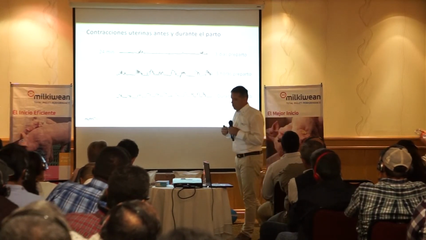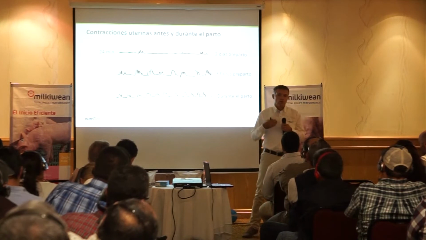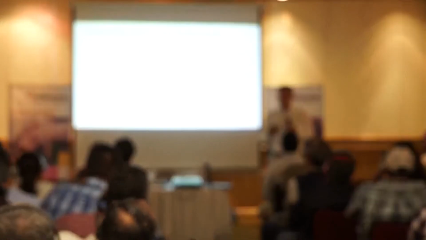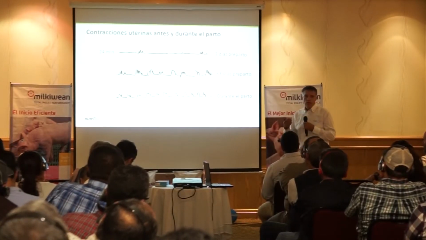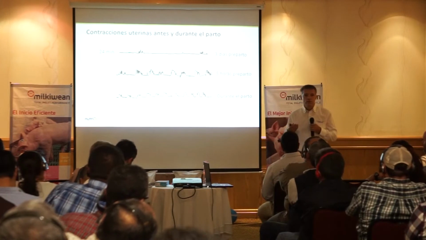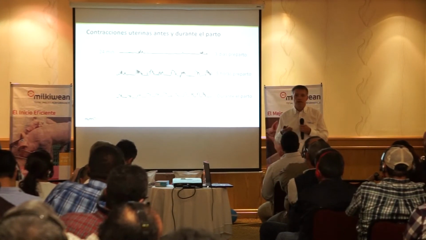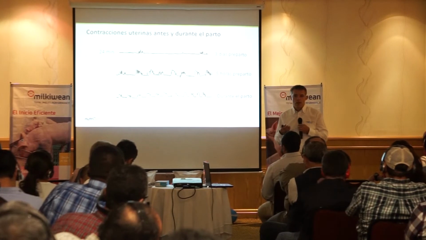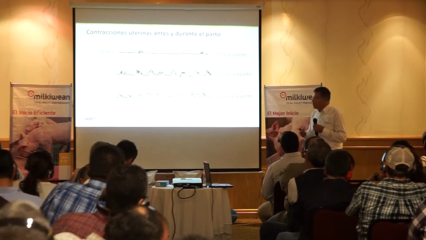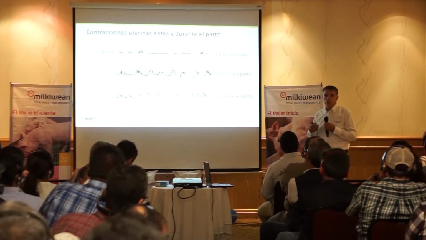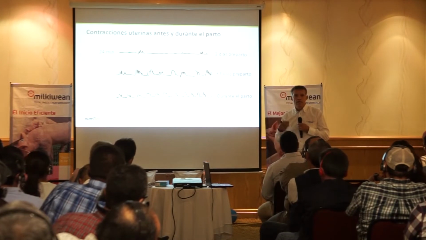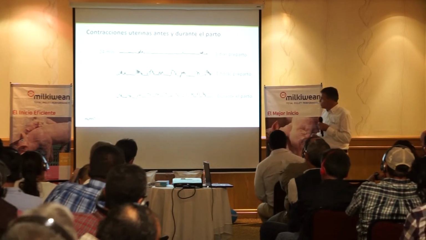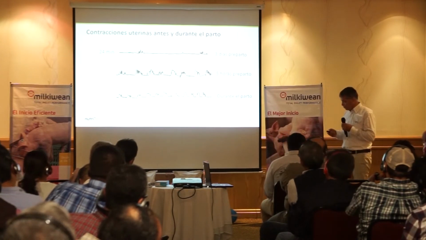But with every contraction the blood supply to the uterus wall is blocked. And when the blood supply is blocked, then there is a risk that these piglets get a shortage of oxygen. With a shortage of oxygen, they have a risk that they develop asphyxia, and with that you can have damage, and that could be the reason that these piglets are stillborn.